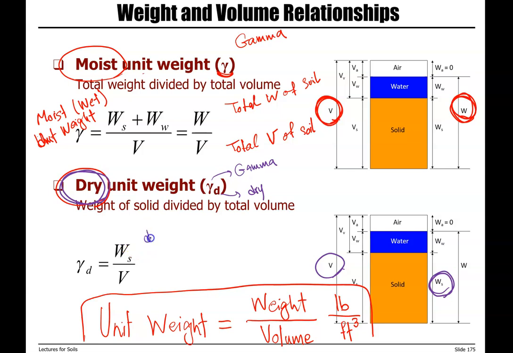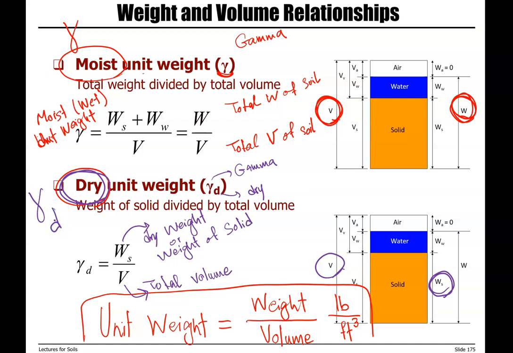This is dry weight, or we also call it weight of solids, divided by total volume. So moist or wet unit weight is gamma. Dry unit weight is gamma D, or gamma dry.